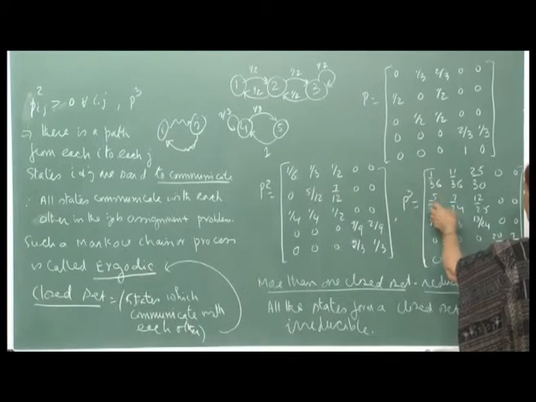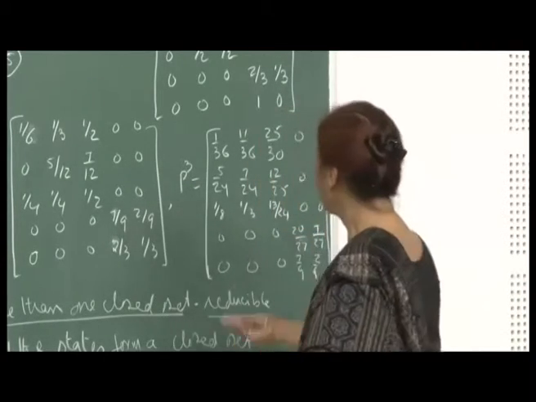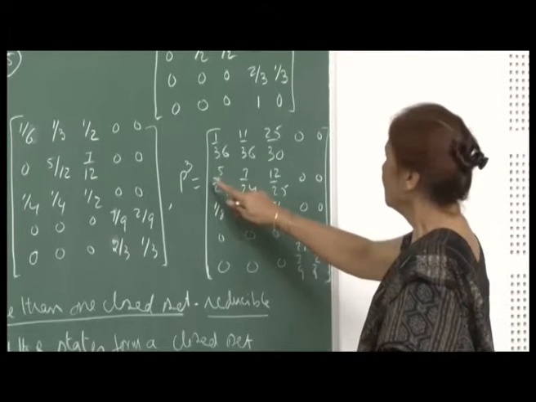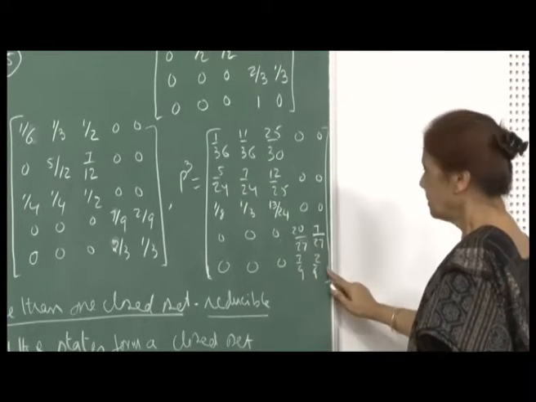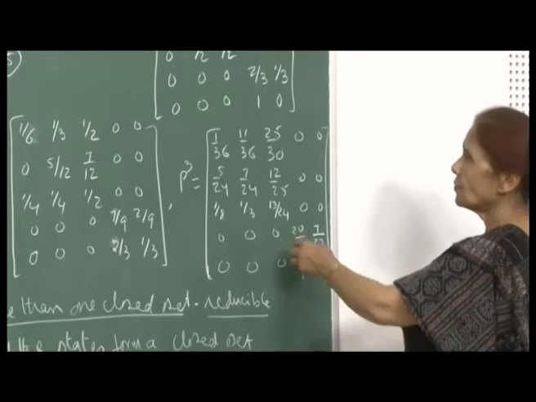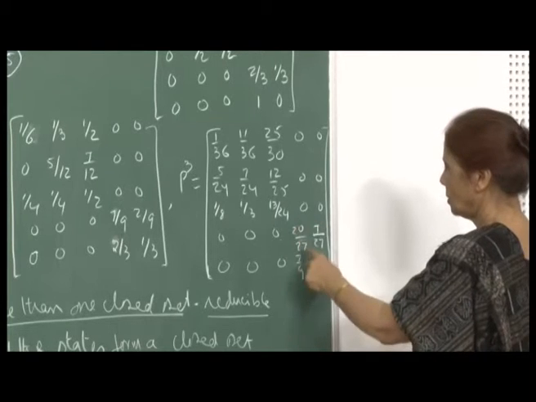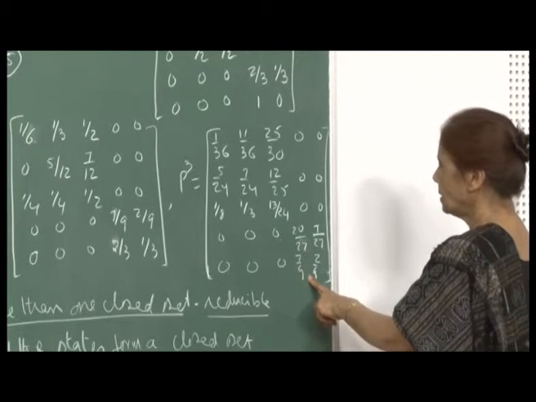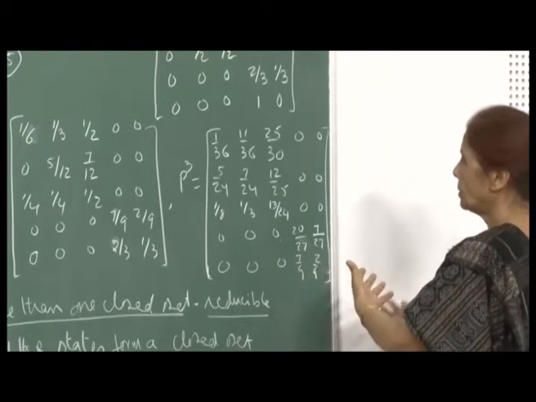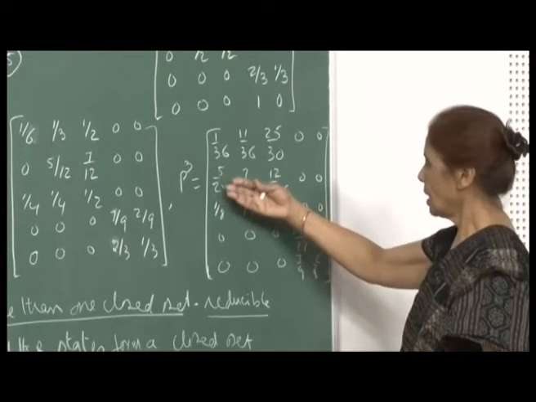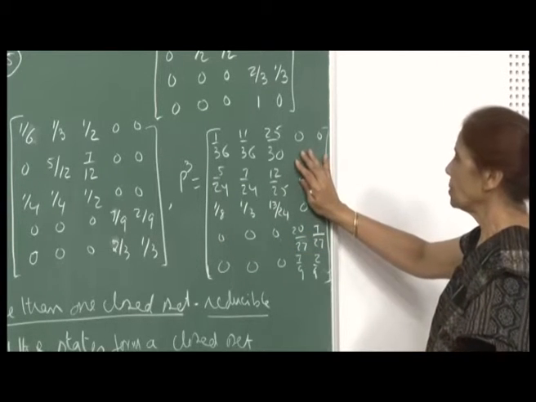So, they all communicate. It means you need at least 3 transition steps to see that there is a path from each of the nodes 1, 2, 3 to the other 2. And similarly here, this is quite clear. All the probabilities are positive here, and you see that this structure will continue no matter what higher powers you take of P. You will continue to have zeros here and zeros here.